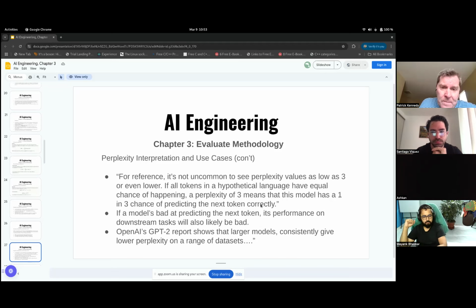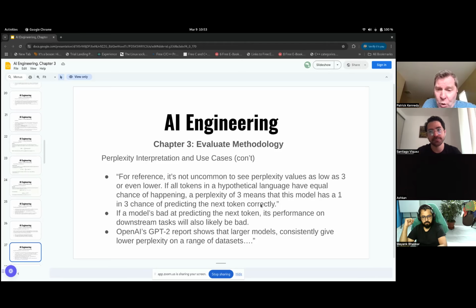Again, perplexity interpretation and use cases. For reference, it is not uncommon to see perplexity values as low as 3 or even lower. If all tokens in a hypothetical language have equal chance of happening, that's just a simple hypothesis or assumption to provide an insight here, because that's not always going to be true.